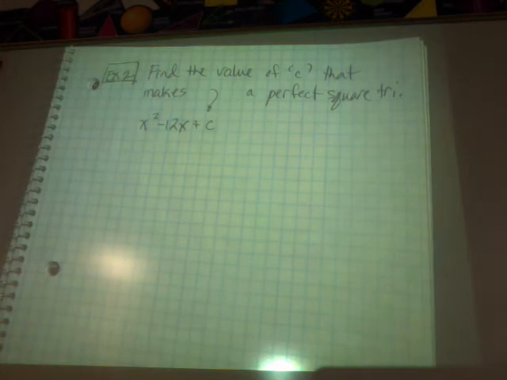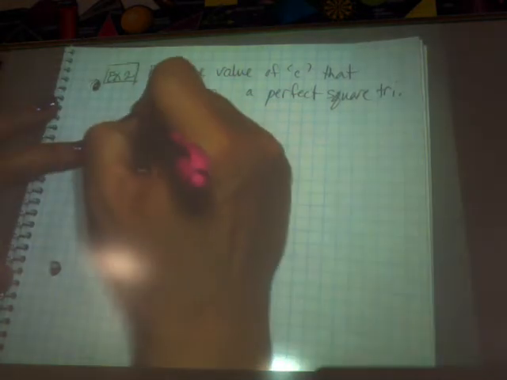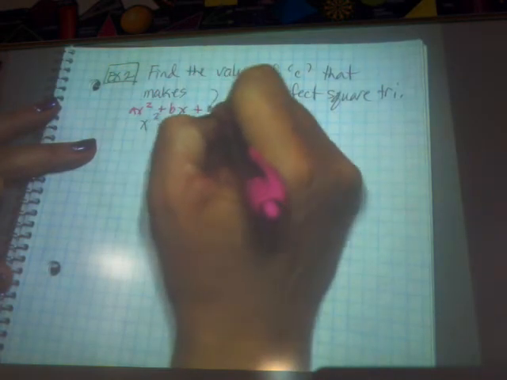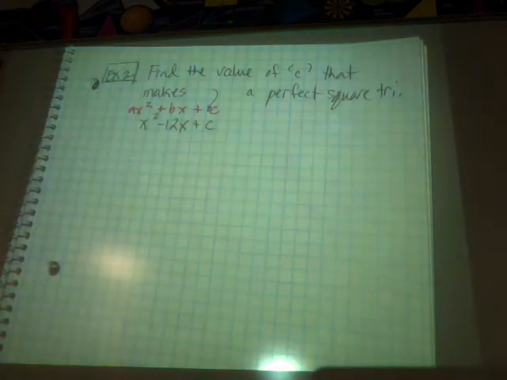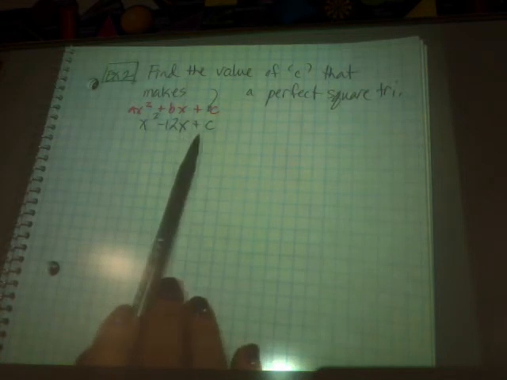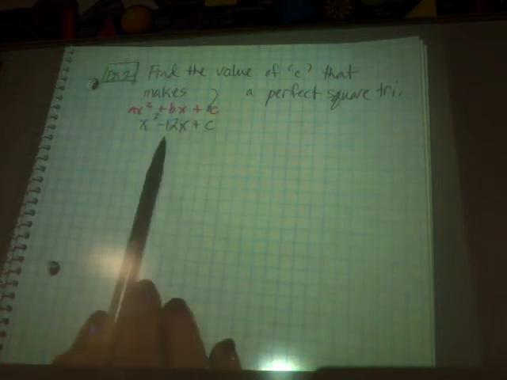So, remember again that this is the quadratic form of ax squared plus bx plus c. So we know a and we know b, but we have to find a perfect square for c such that the sum or the difference of its factors gives us 12.